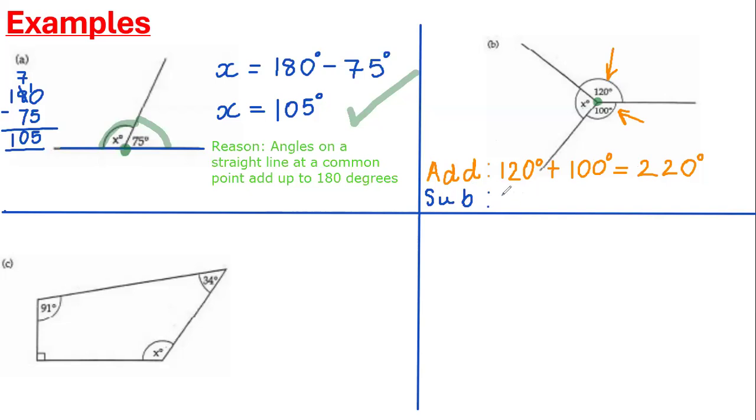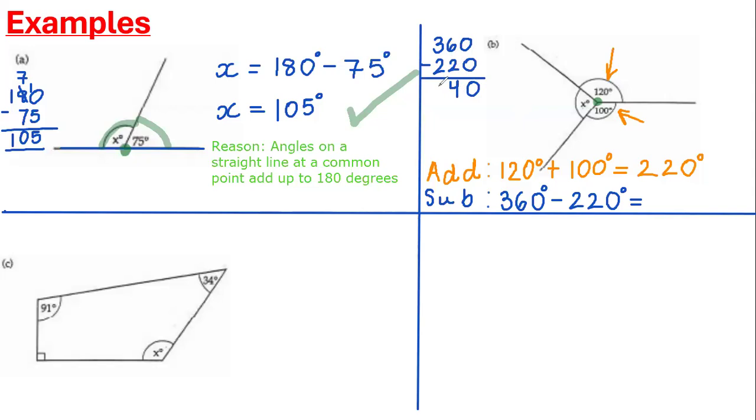So we say 360 degrees minus 220 degrees is equal to what? 0 minus 0 is 0. 6 minus 2 is 4.